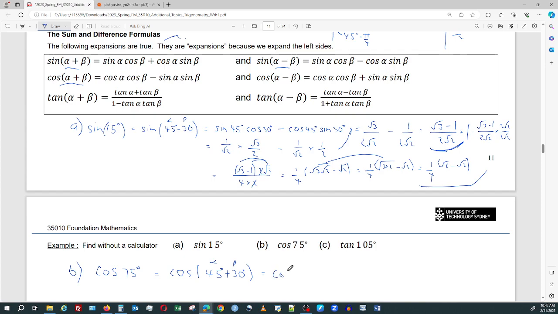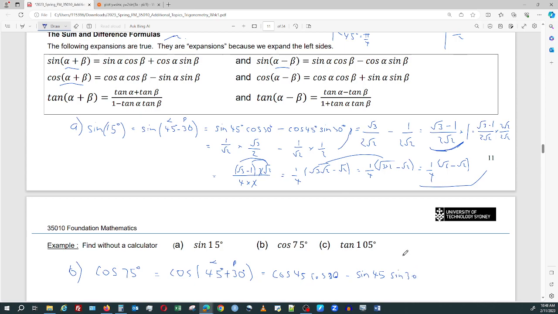Just to remind yourself, then you look up and you make your substitutions. Cos 45, cos 30. That's your product. Minus sine 45, sine 30. Really? Is that how easy this is?